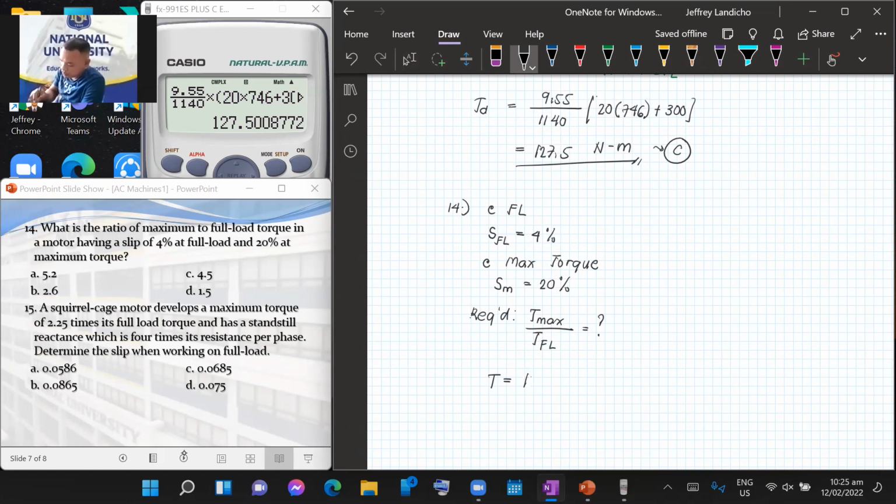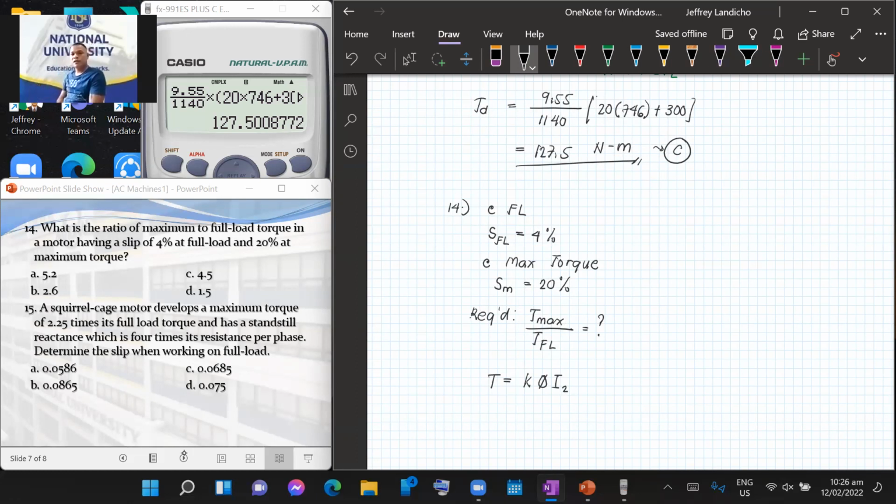So, K, it is just constant flux, sa ating DC. Tama ba? T equals K phi I, and this is the current. Now, sinong current ito? Since torque ang pinag-uusapan, siyempre, the current kung nasaan yung mechanical load. So, that is at the rotor, so that is I2.